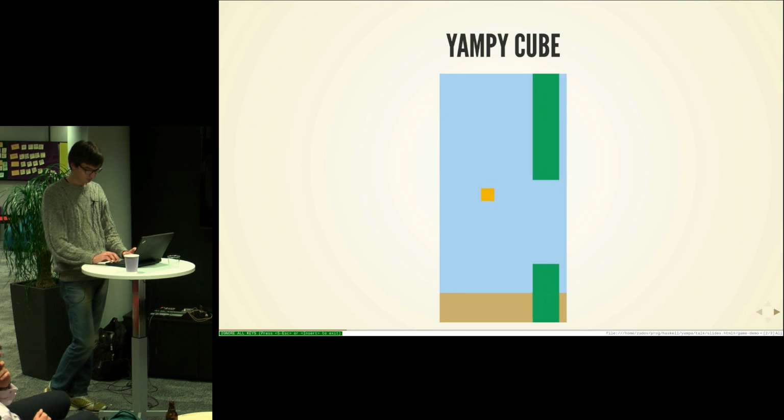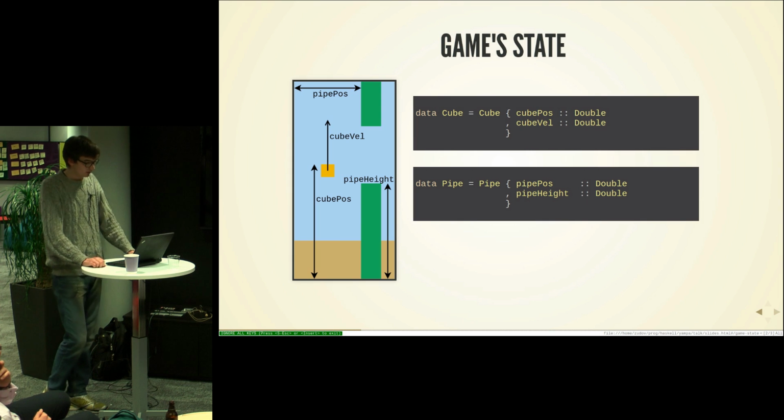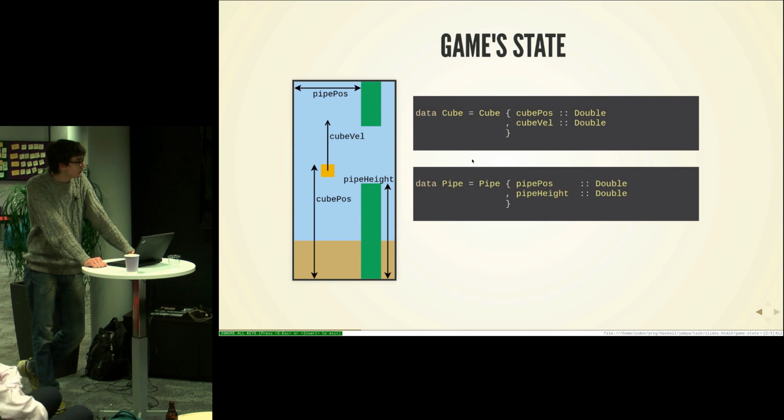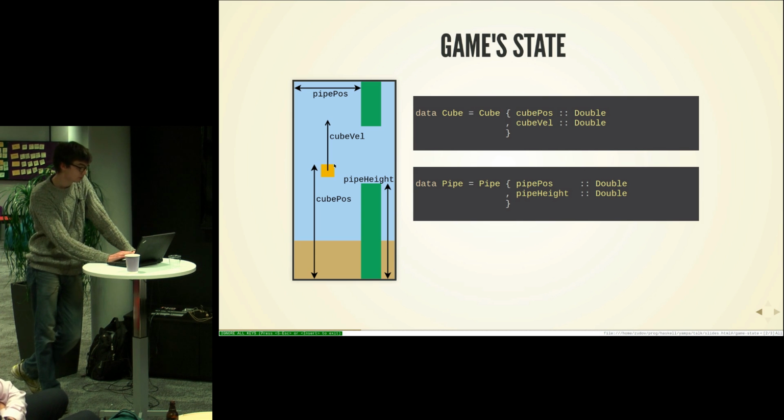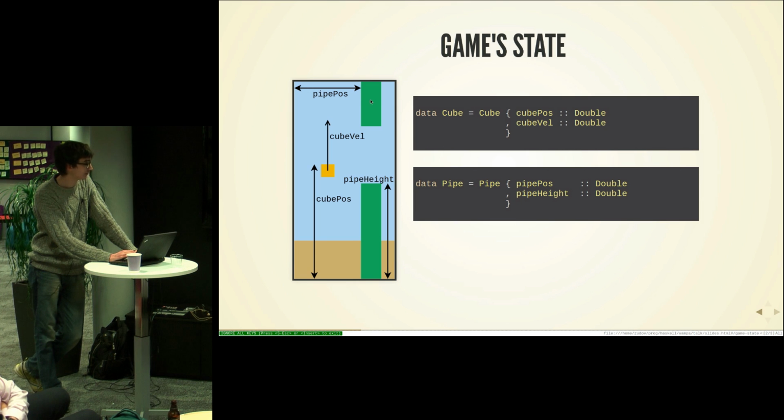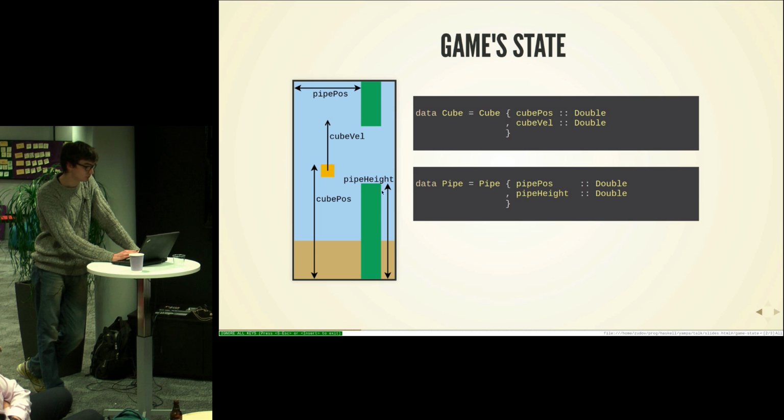Okay, so speaking of the game state, the whole game can be defined with 4 variables basically. We have 2 objects. One object is a cube and another is a pipe. There are 2 pipes, but to define them we only need to talk about one, the bottom one. So we define a cube with its position and its velocity, which can be captured into this Haskell data type.